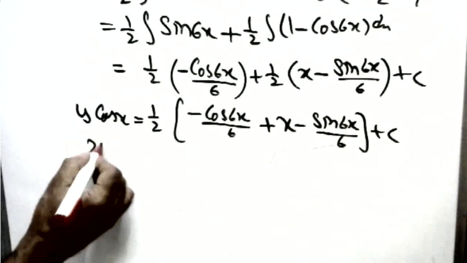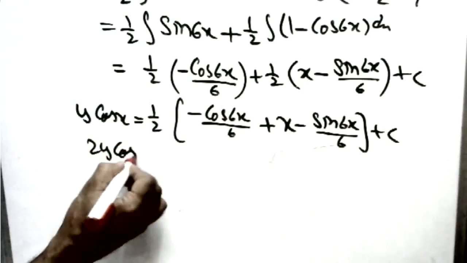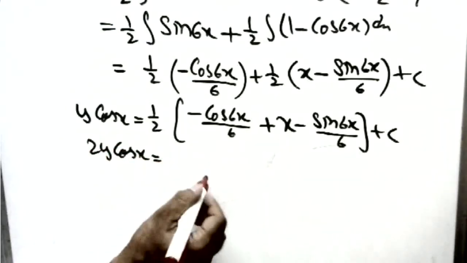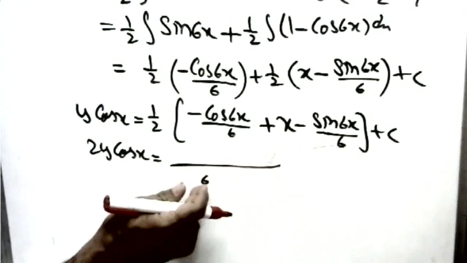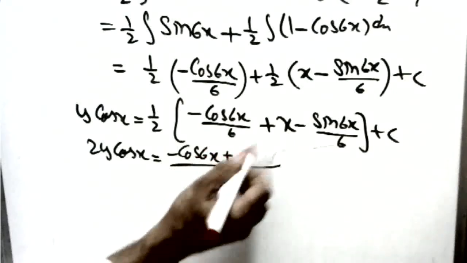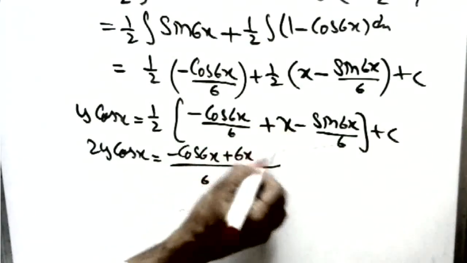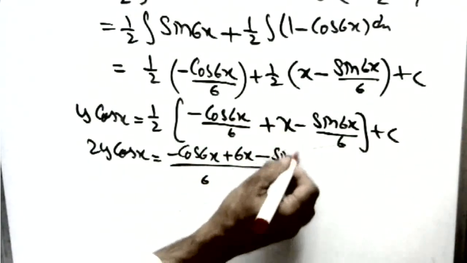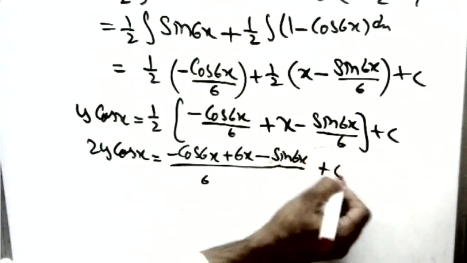If we bring this 2 here, we can write like this also: 2y cos 3x equals, if we take the LCM, we will have the LCM 6. Here we have minus cos 6x plus 6 into x, which is 6x, minus sine 6x.